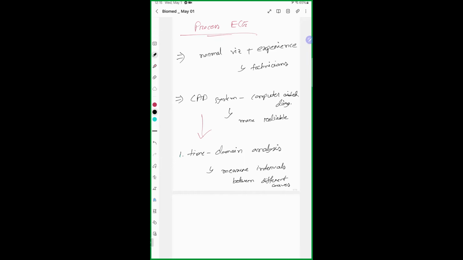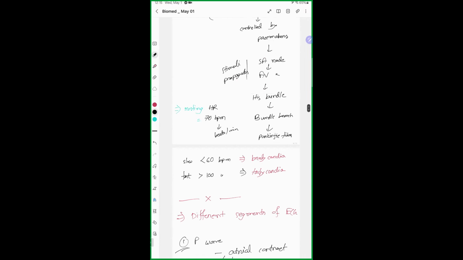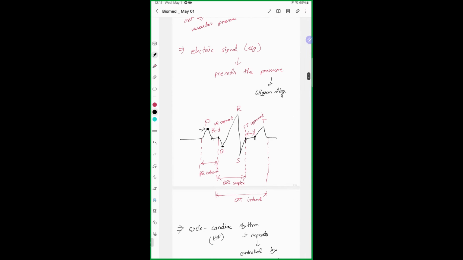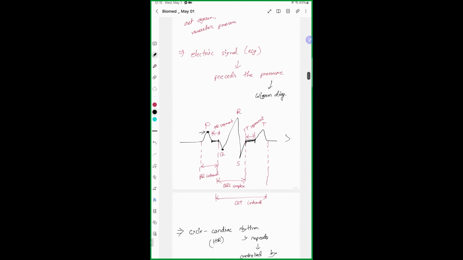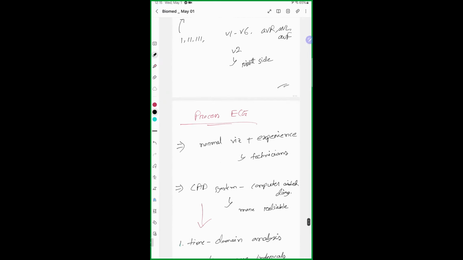Like from P to R, what is the time. For instance, if you have the ECG collected, you can measure the interval of the PR segment, the ST segment, the PR interval, the QT interval, things like that, in the time domain. Those relate to certain medical conditions.